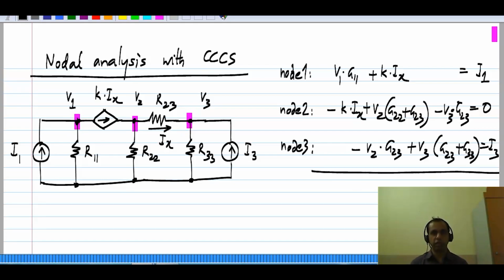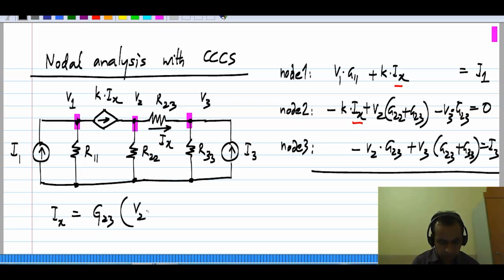So we do have three equations, but we have this extra unknown here, which is Ix, and the primary variables I would like to use in nodal analysis are the node voltages. This Ix is defined to be the current through this resistor, so it can be rewritten as Ix is G23, the conductance corresponding to R23, times (V2 minus V3).